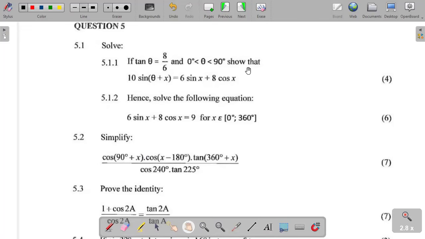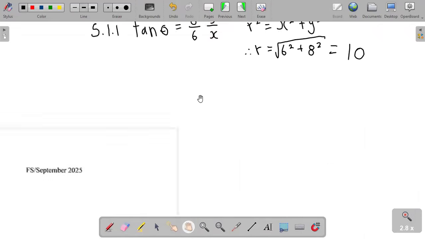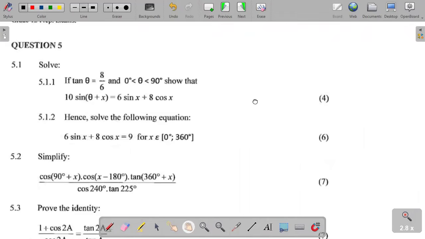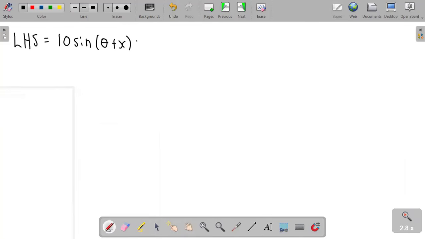Okay, if we show that 10 sin(θ + x) = 6, then the left hand side will be equal to 10 sin(θ + x), which equals 10 (sin θ cos x + cos θ sin x).